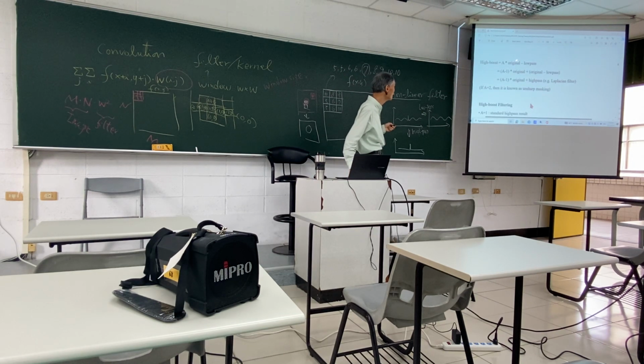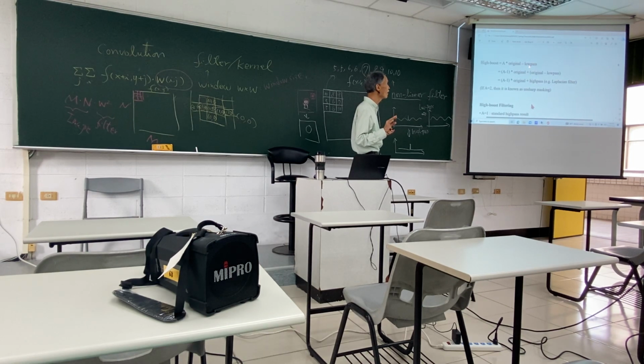Here is the general equation for that. We have a parameter called A, which is defined by the user. I will explain that later on. Anyway, here's the parameter A: A times the original image, which is all-pass, minus the low-pass.